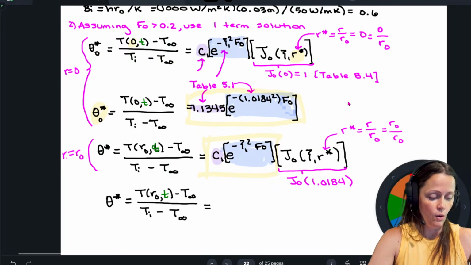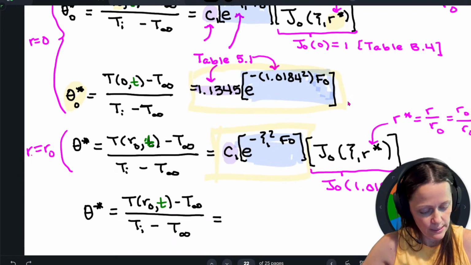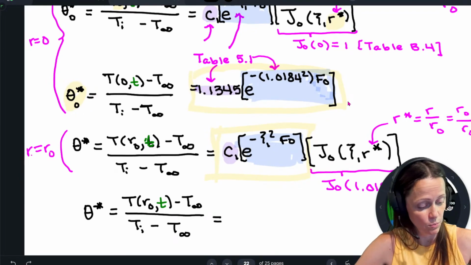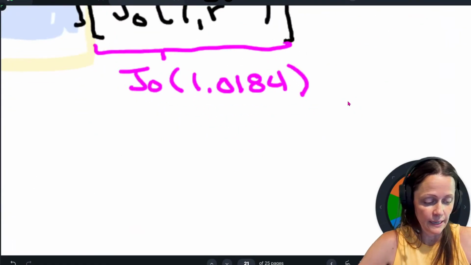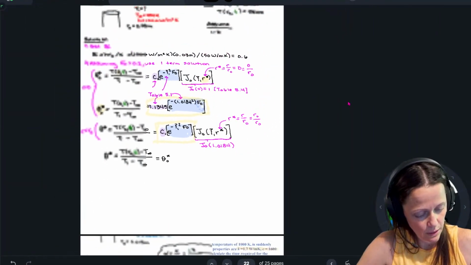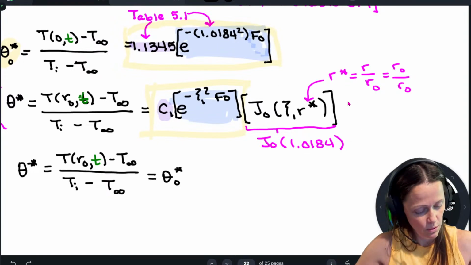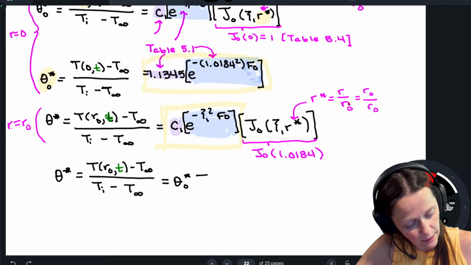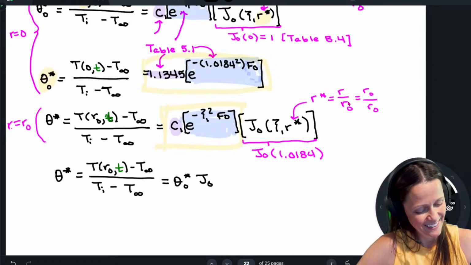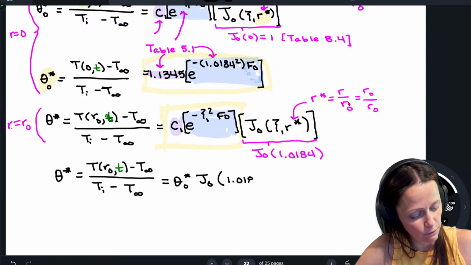And because this whole thing right there is equal to this, that's what I'm going to write. This is equal to theta star naught, but I still have this part too that I've got to put in there. So this is going to be times my Bessel function J, and then I'm inputting that 1.0184.